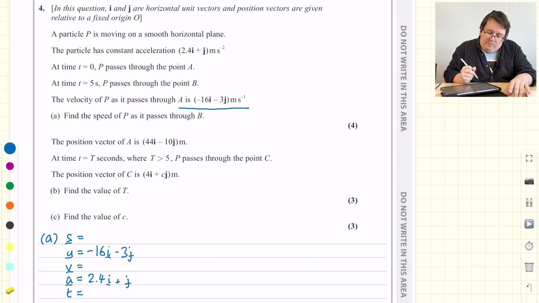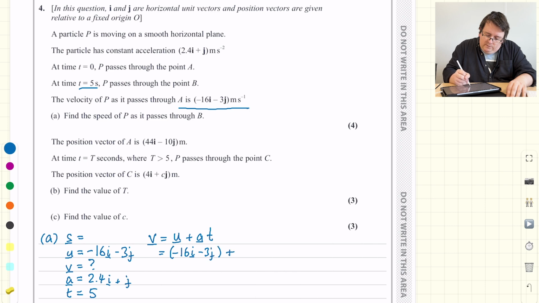We want to find the speed of P as it passes through B. Now that happens at 5 seconds, so I want to find V. So V is equal to U plus AT is the suvat equation we want to use. So that's minus 16i minus 3j plus (2.4i plus j) times t, which is 5.